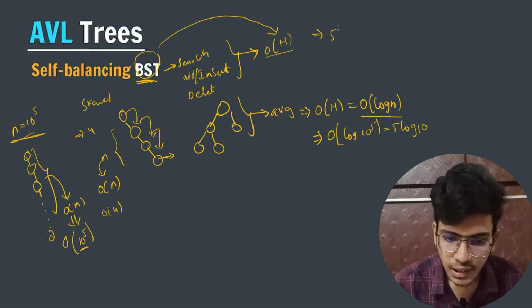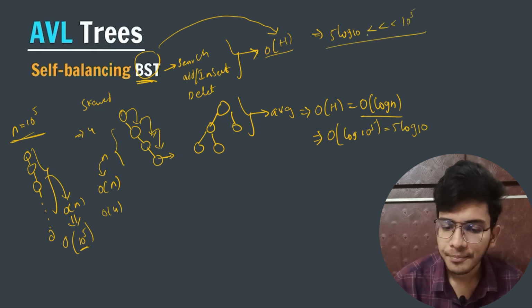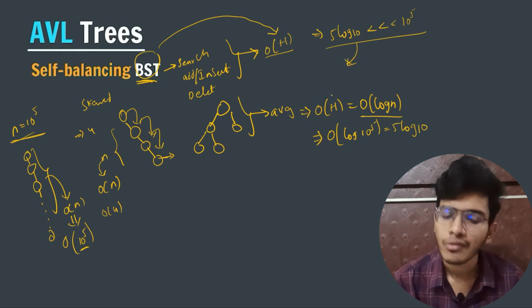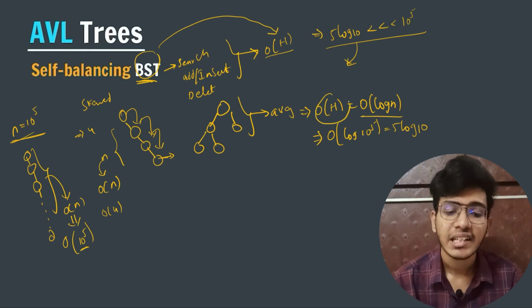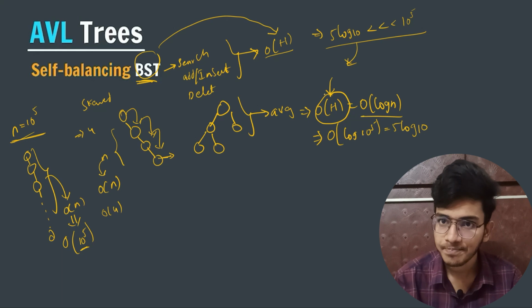So can you see that this is very much lesser than 10 to the power of 5? Because the time complexity is totally dependent on the height of the BST.